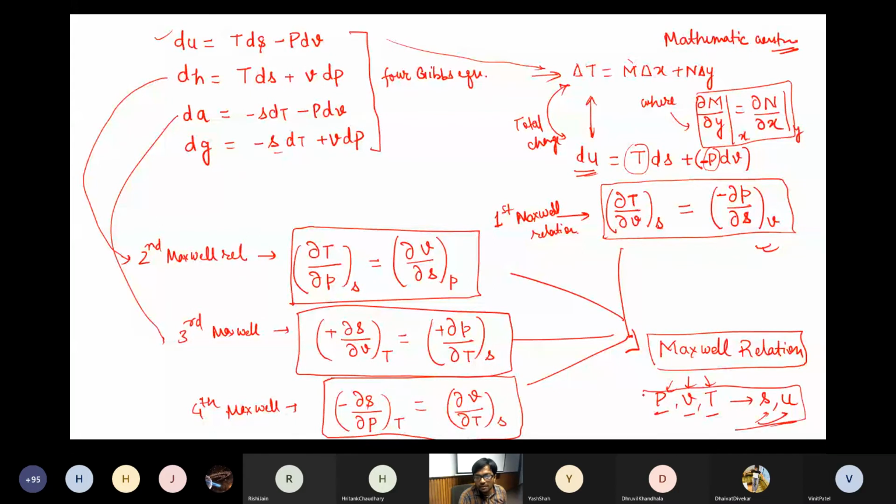Very nice. But there was a shortcoming for this Maxwell equation. What is that? Can somebody tell me? Yes, it cannot tell the value of H so far, or change in H, or hfg or anything.